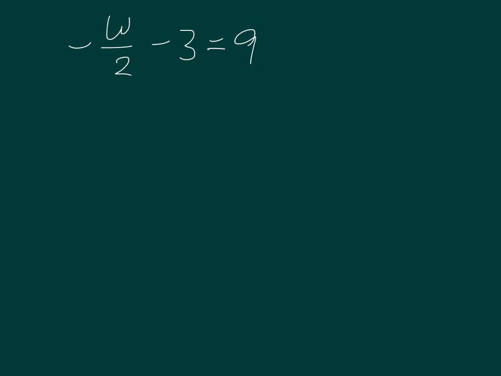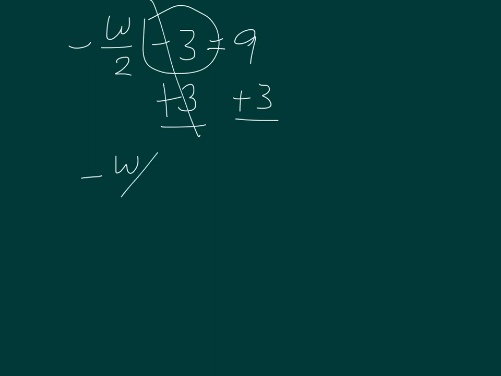First thing, we're going to undo the addition or subtraction. So right here, we have subtraction, we're going to add 3 to both sides, which will leave us with a negative w over 2 equals 12.